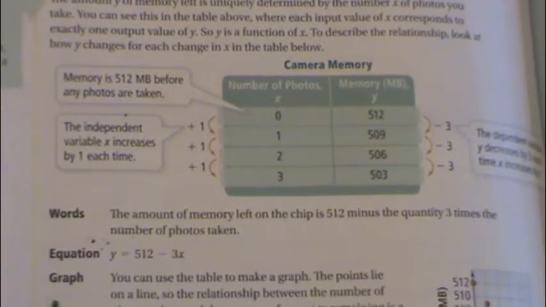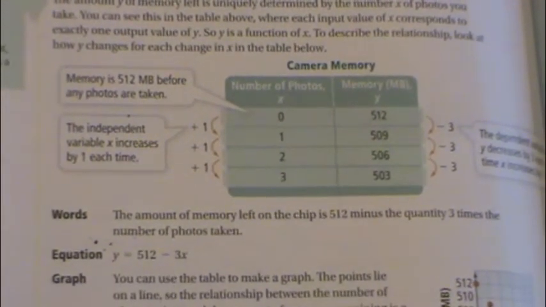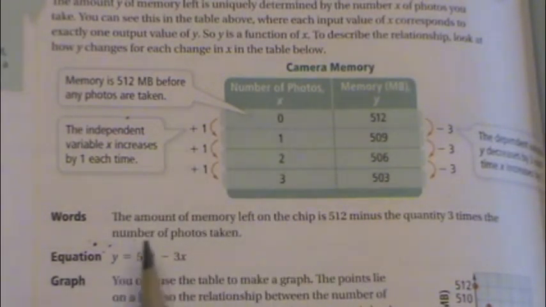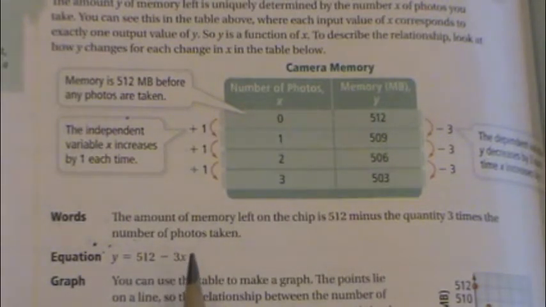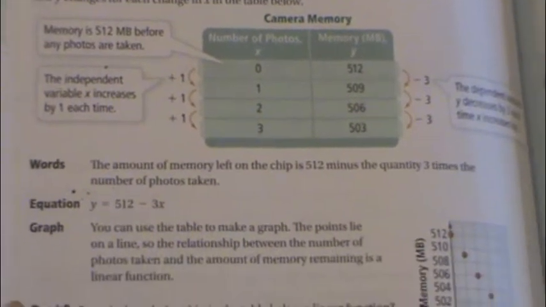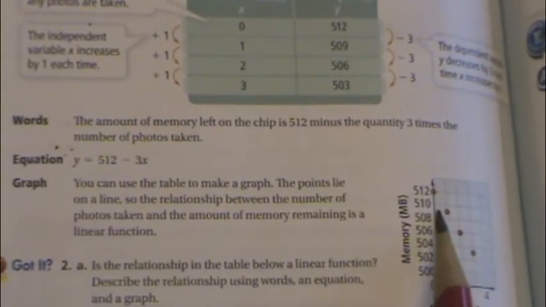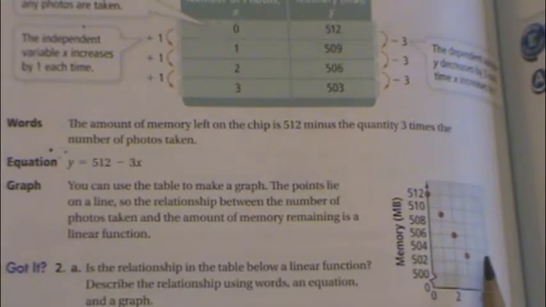And there's your equation, 512 minus 3x. And again, you have to do it this way. Just using arithmetic and giving me the right answer at the end does not count. Then they show you the graph. Once you see those points in a line, you know that this is a linear function.